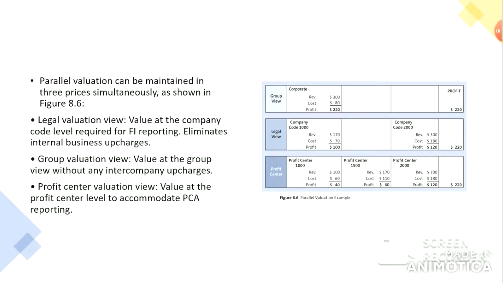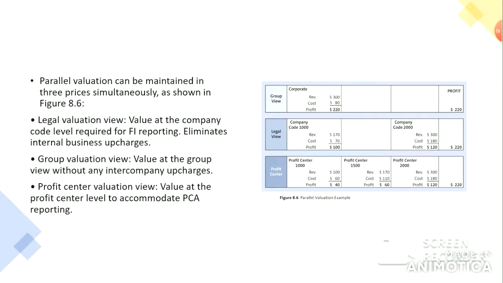Let us see the example. So in group view, we can see revenue, cost and profit, and in legal view we can see revenue, cost and profit in company code 2000. So it will be divided into the companies.